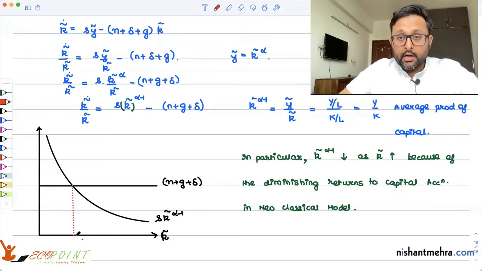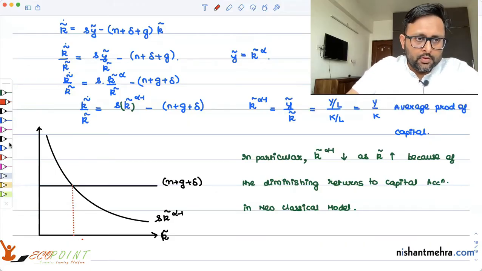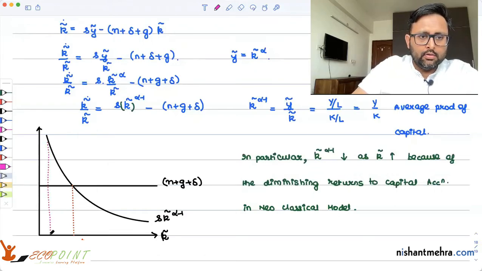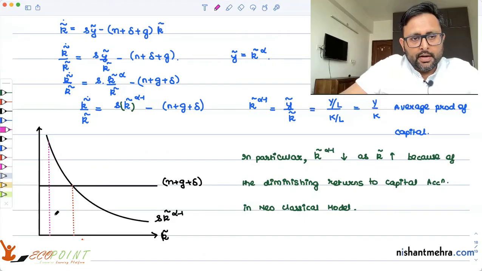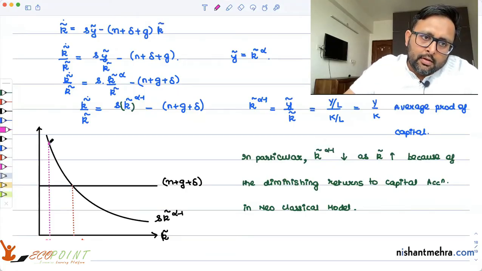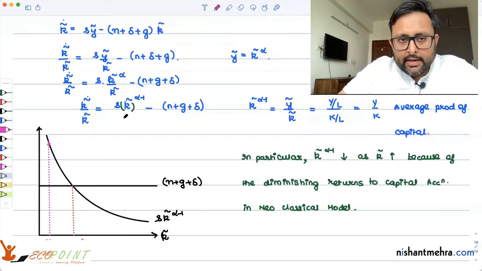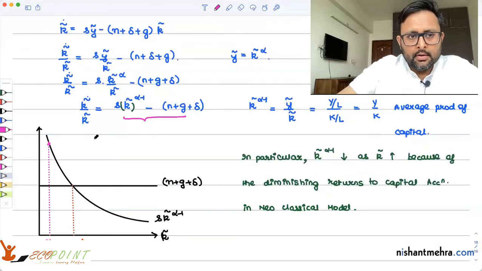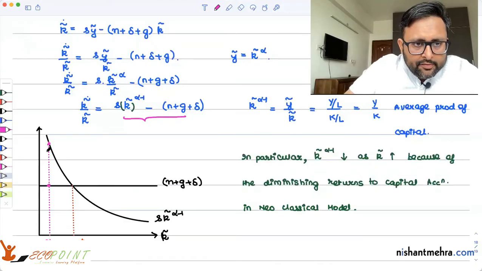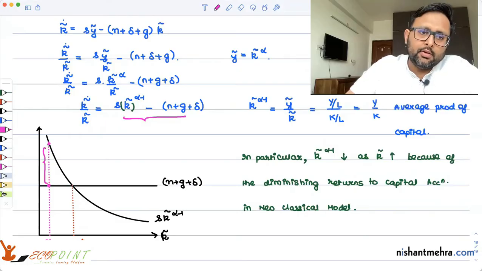Now suppose that there are two economies. One economy is starting with lower capital per labor. Call this the poor economy. So what is the growth rate, beta? Growth rate is the difference between these two terms. So this difference is the growth rate of the poor economy.